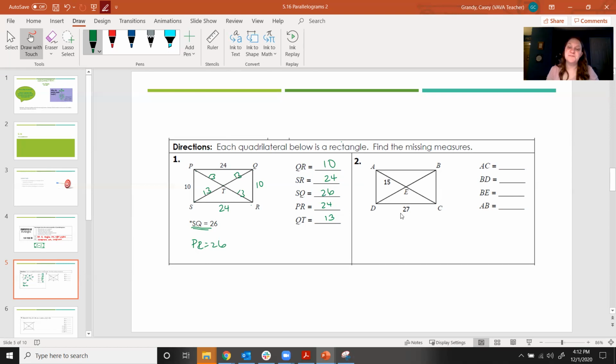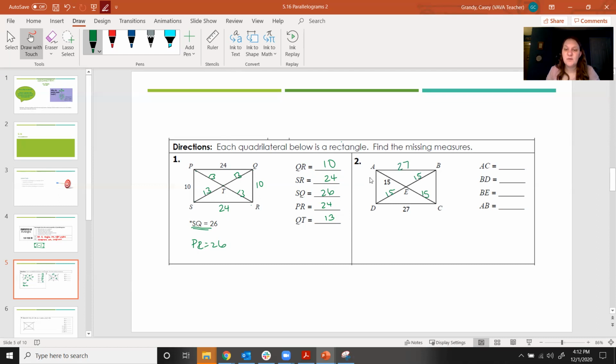Let's look over here at number 2. I know the opposite sides are congruent, since it gets that property from being a parallelogram. I know that the diagonals bisect each other, and the diagonals are congruent because it's a rectangle. So that means that these two pieces also have to be 15.